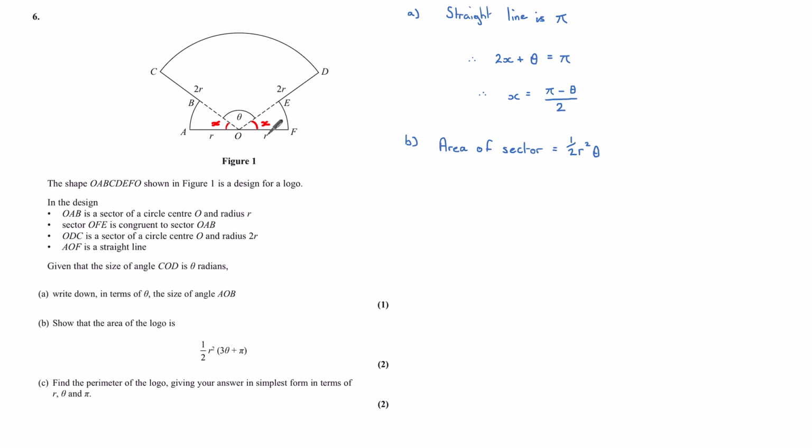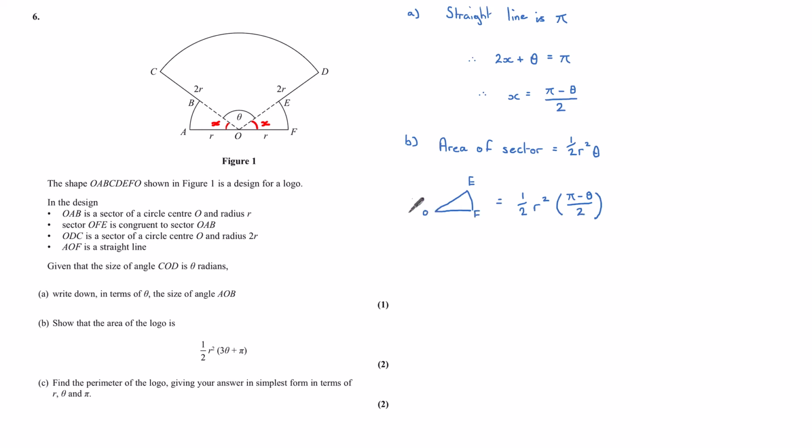I've got two kinds of sector to consider: OAB and OEF, and then OCD. Looking first at this sector OEF, I like to draw a little diagram to help me work through the question. The area is half r squared, and the angle is x, which I've found to be (pi minus theta) over 2.